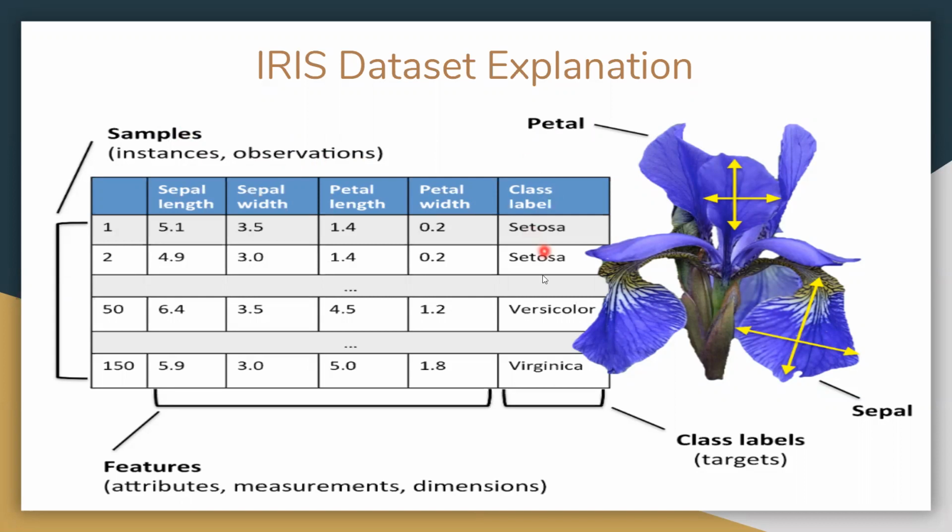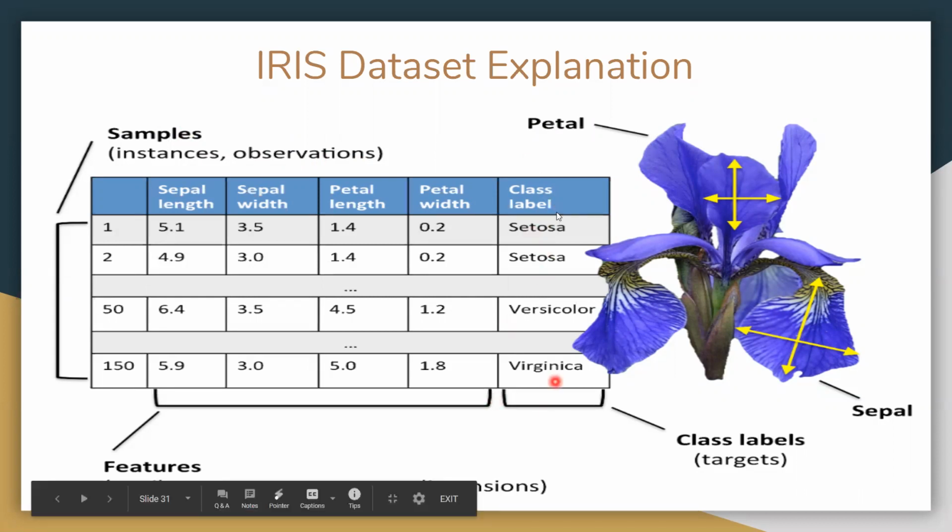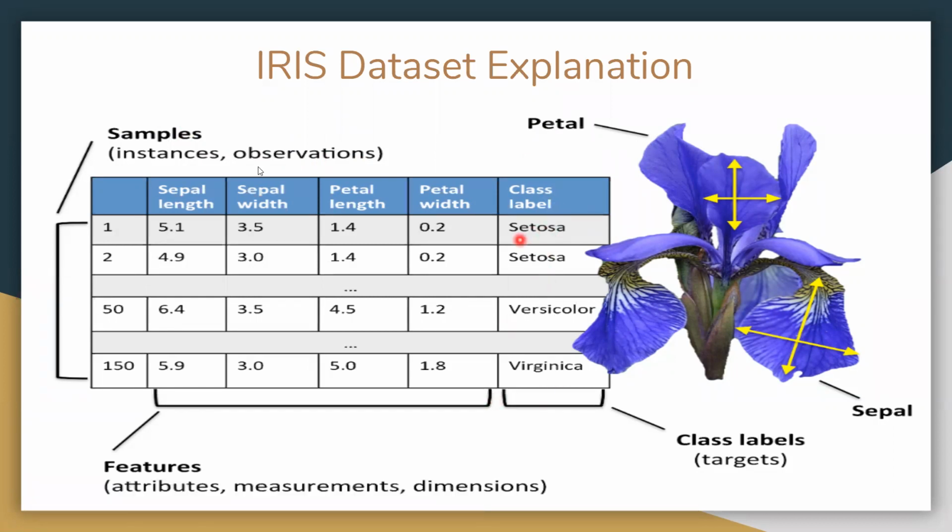Next, this one we are not talking about yet. This one is the 5th column, after the 4 features, and this is called the class label. What does this class label say? If you have sepal length 5.1, sepal width 3.5, petal length 1.4, petal width 0.2, then it is a setosa flower.